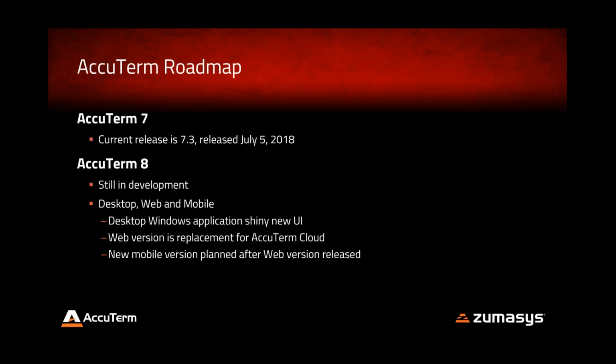Basically, the browser manufacturers have turned off support for the plugin technology that Accuterm Web or Accuterm Cloud was using. So we've got a whole new implementation of that. And then we've got an update for the mobile version coming.